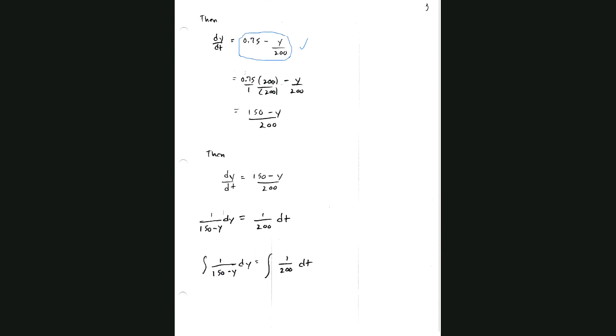We have 0.75 over 1. The common denominator between 1 and 200 is 200. So I'll multiply by 200 over 200 on the first fraction. And that gets me that dy dt equals 150 minus y over 200.